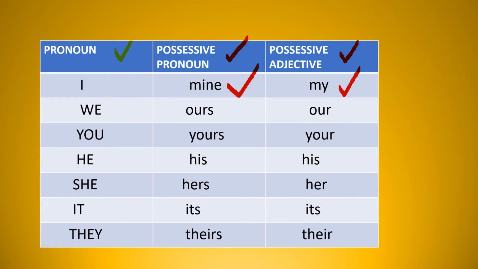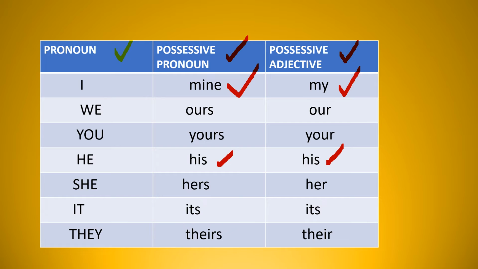I have told you just now, this book is mine, this is my book. We, ours: this book is ours, this is our book. You, yours, your: this book is yours, this is your book.